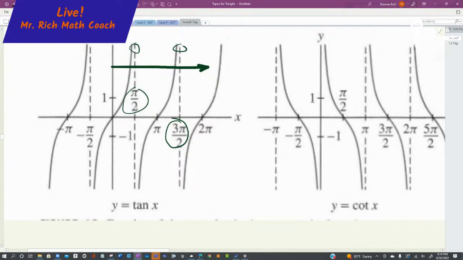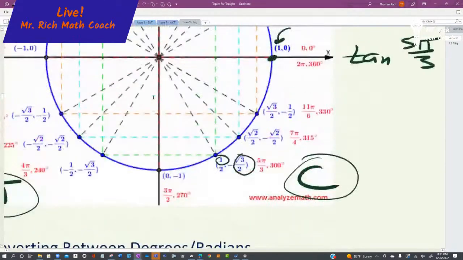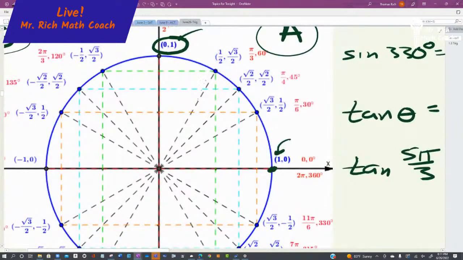So at pi over 2, there's a vertical asymptote for tangent, again reflected on the unit circle, because when we go to a 90-degree rotation, tangent is y divided by x. Well, that would be 1 divided by 0, which is undefined.